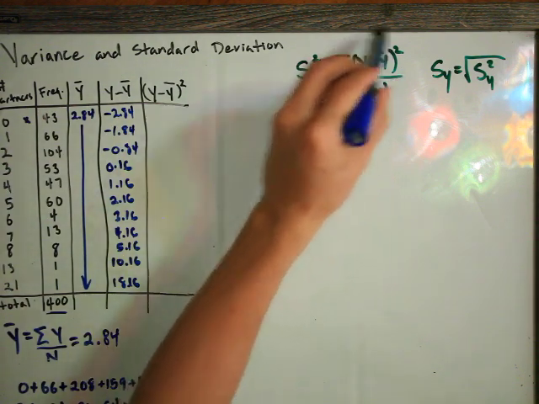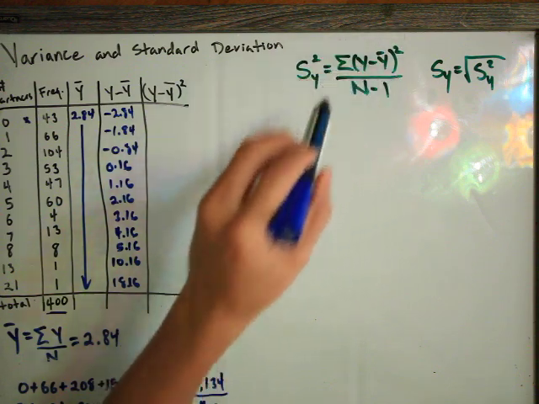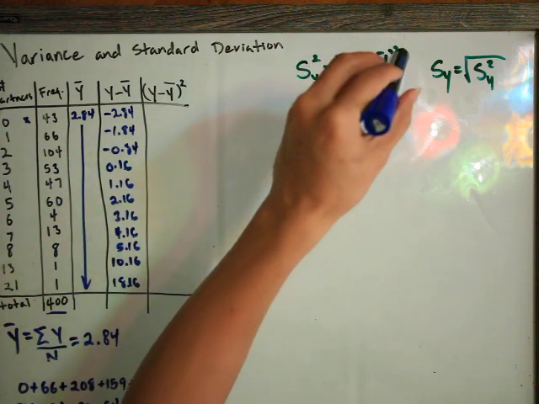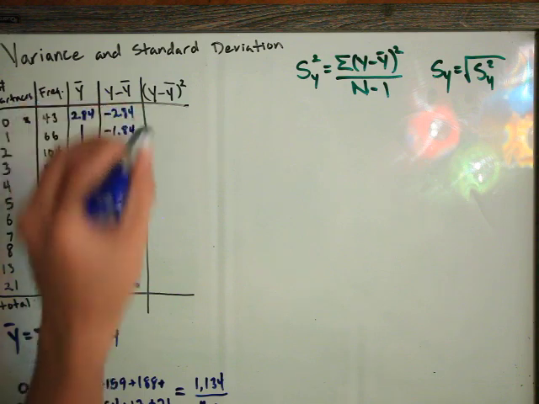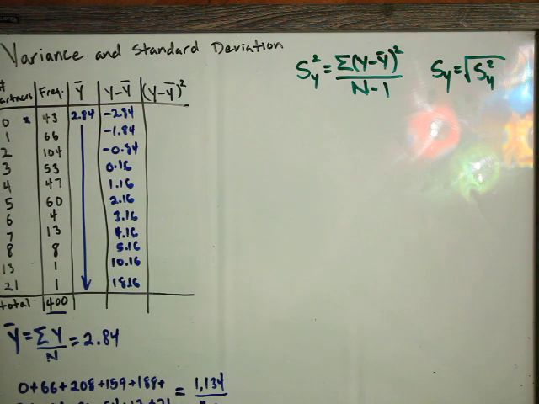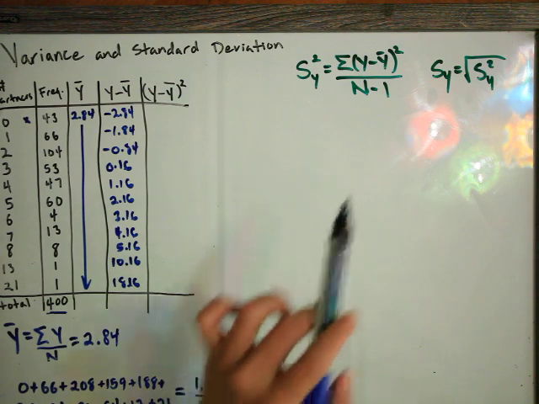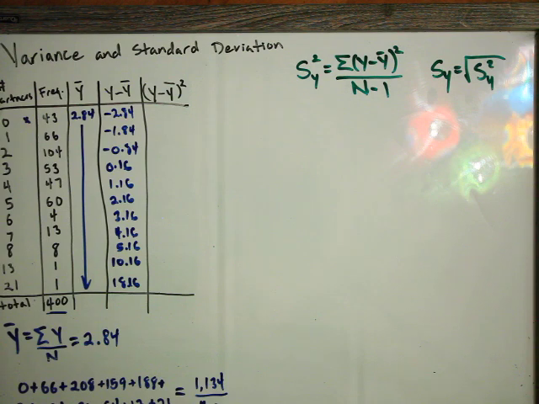Now, because our formula requires y minus y bar squared, we're going to square all of these values. What that does is get rid of all the negative signs, because we don't want negative signs when calculating our standard deviation.